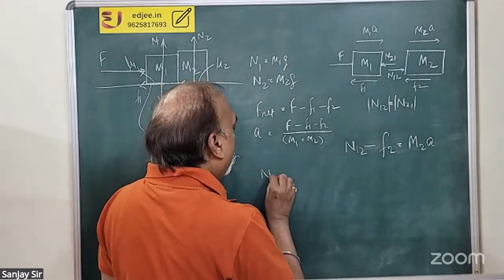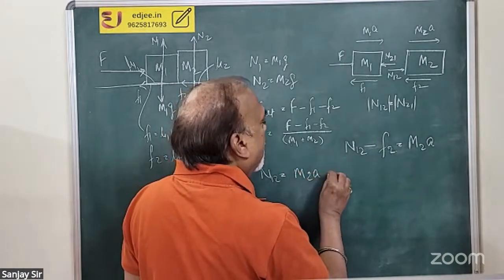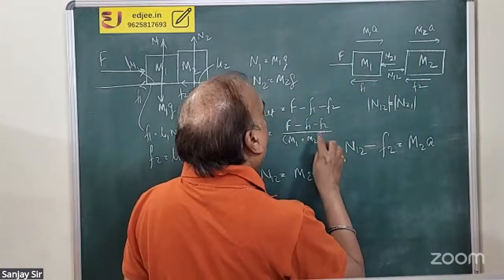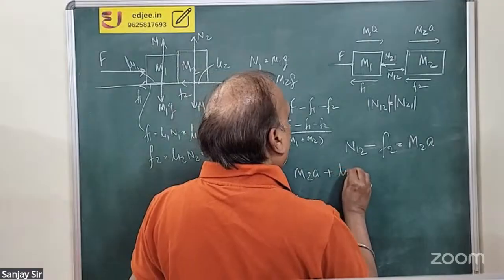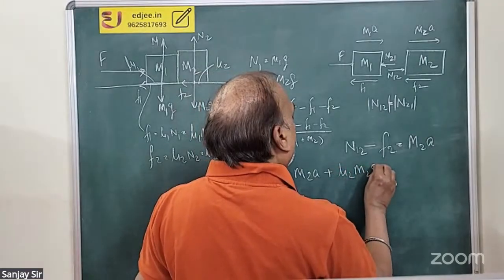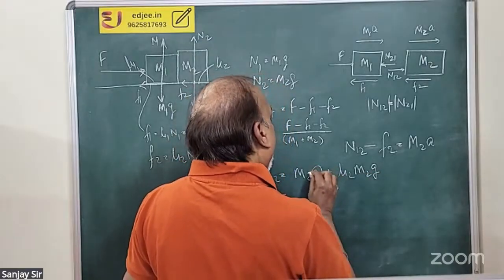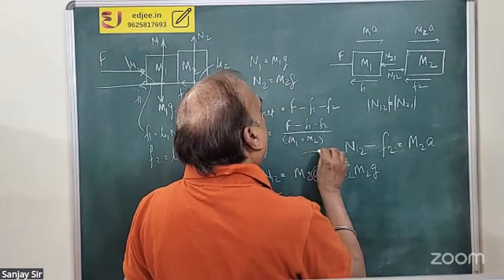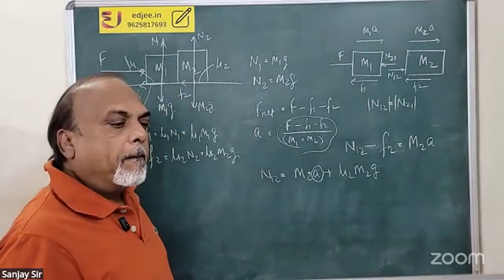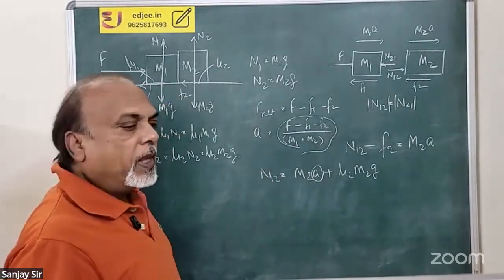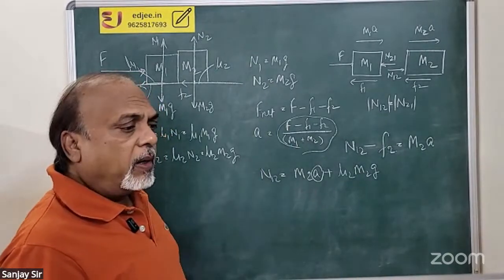Then N12 is nothing but M2A plus F2, we know. F2 is basically mu2 M2G. Here A is there, A we can put from here.